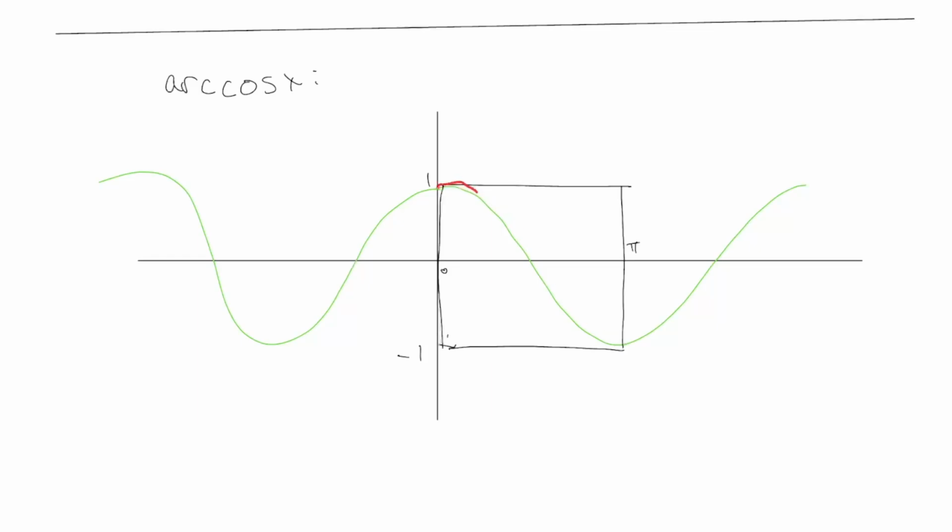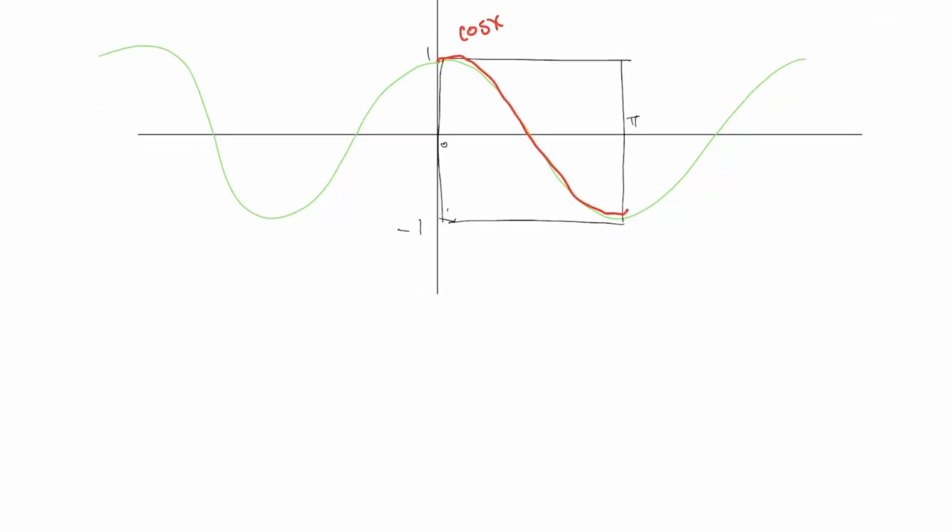So this curve is just the cosine. I am going to do the old mirror image reflection across the diagonal line to make the arc cosine. So this is just cosine of x, right? The arc cosine, which I will draw down here, the inverse cosine if you like.